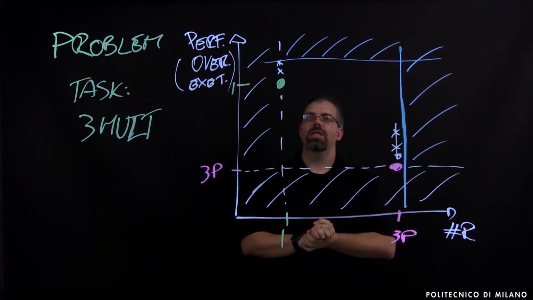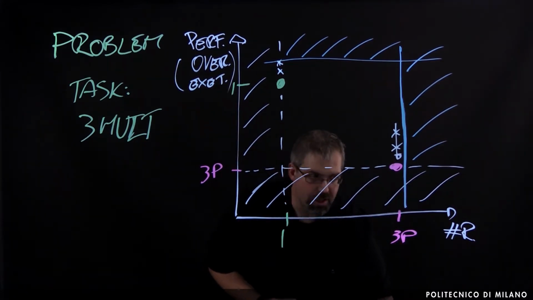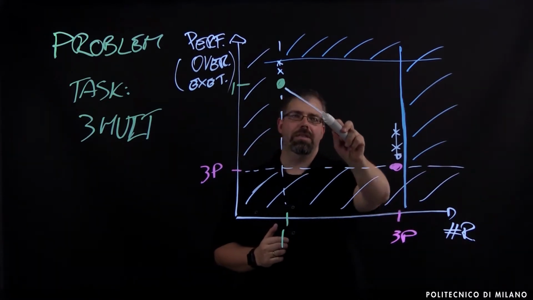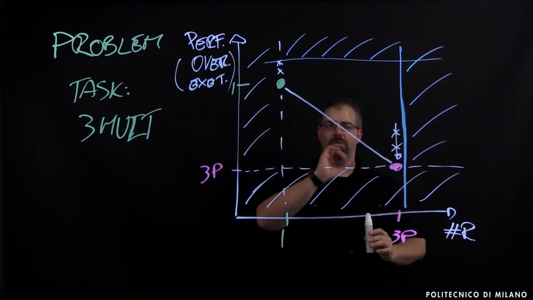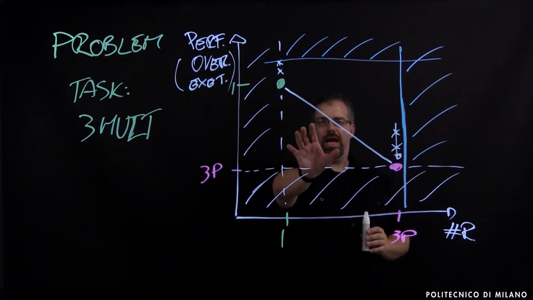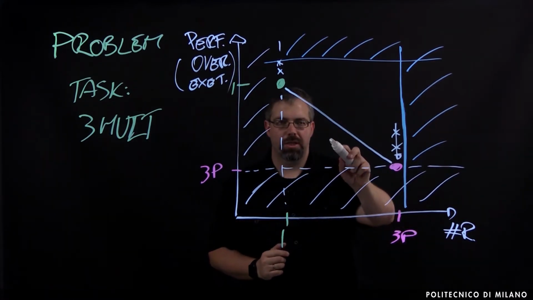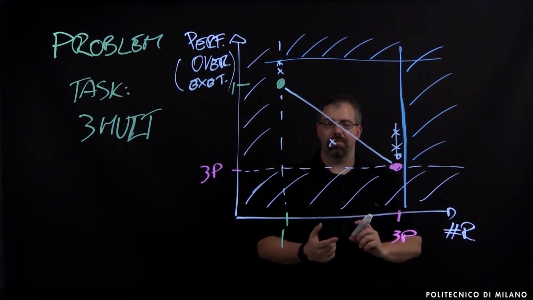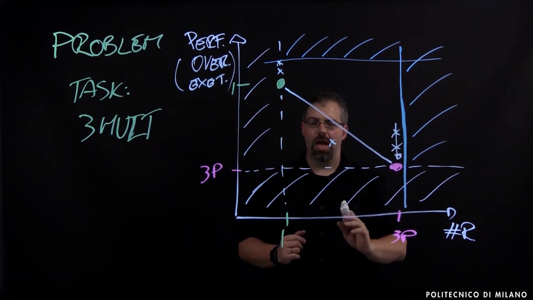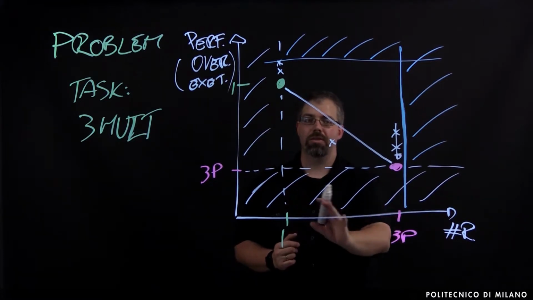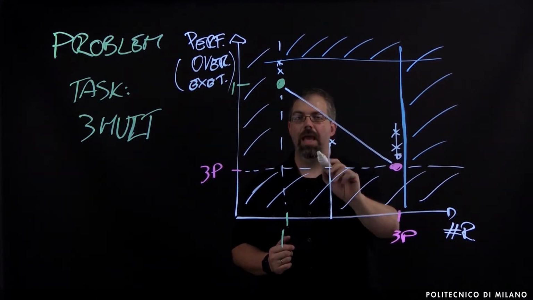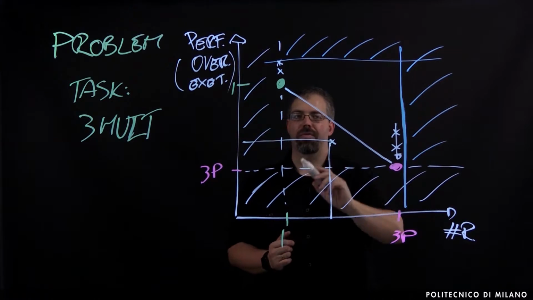Now, with respect to this, can we draw a sort of a line, just to keep it simple, that is going to connect these two dots together? What we're going to have here? Well, let's see it. What is a point here? What we have here is basically something that is going to tell you, I'm going to play with the resources and I'm going to gain this performance.